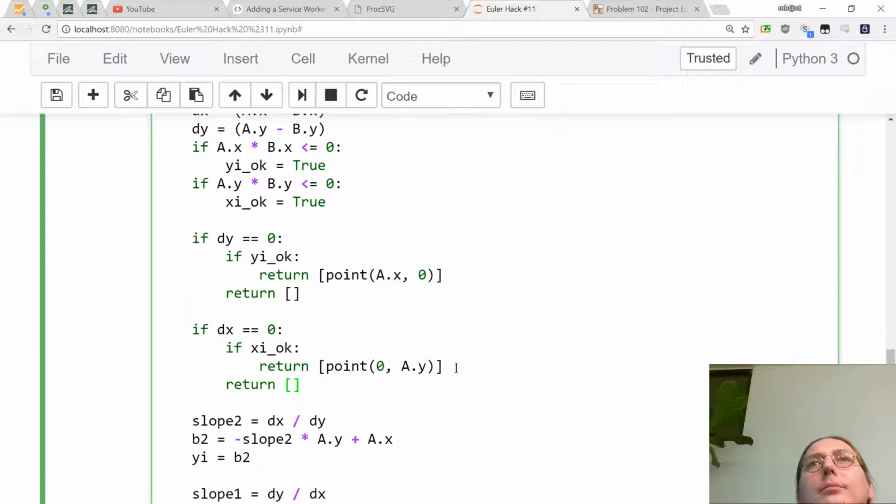Here we said if one of them is 0, we also count it as true. Yes, but if a point is on the x axis, there is no intersection.